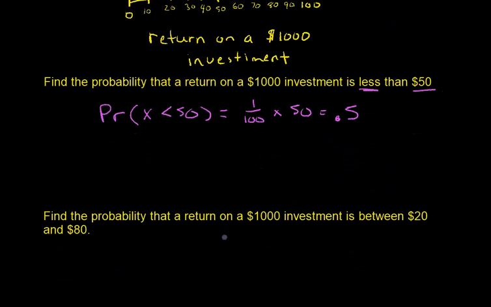Now, find the probability that a return on investment is between $20 and $80. I'm going to use a different color. So x is between 20 and 80.